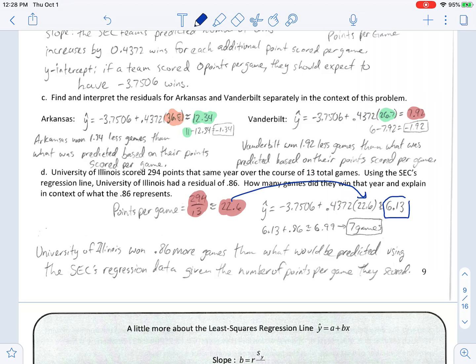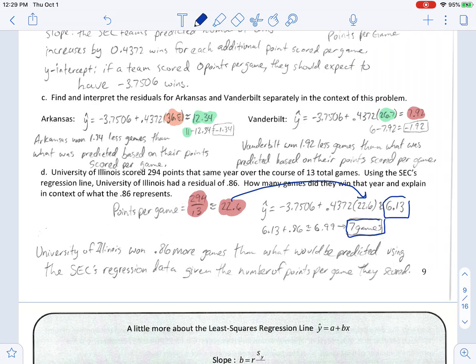So if you add the 0.86 to the 6.13, you get what essentially turns out to be, if you had ignored rounding, 7 games that year. Okay, so they won 7 games, even though they were only predicted based on their points to win 6.13.